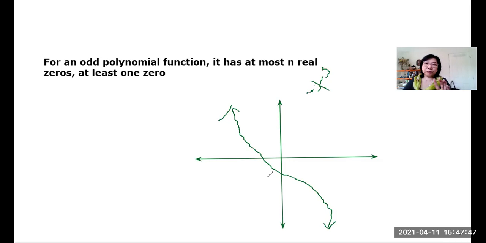Now, this is the reflection of x to the power 3 over the y-axis, because we have a negative in front of the x here. Okay, so it has at most n zeros and at least 1 zero. Now, obviously, you see that it has to cross the x-axis at one point, right?